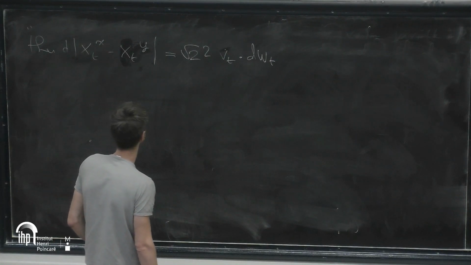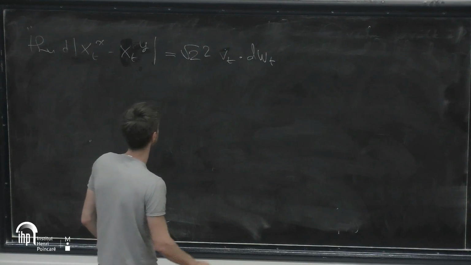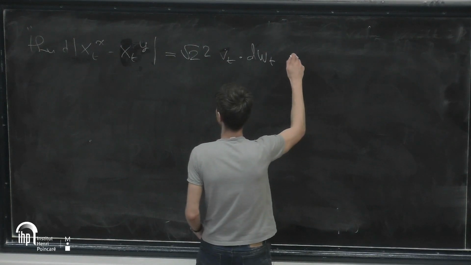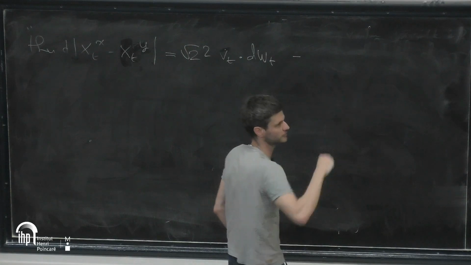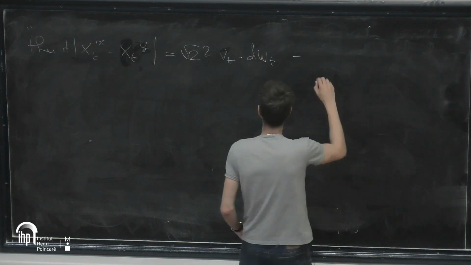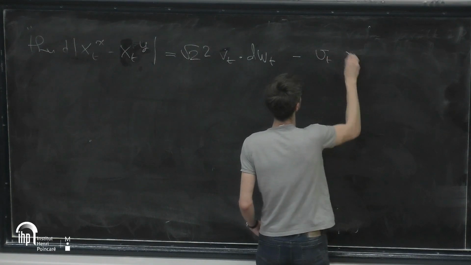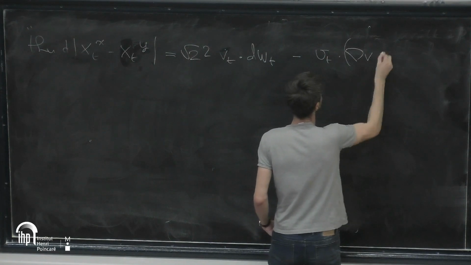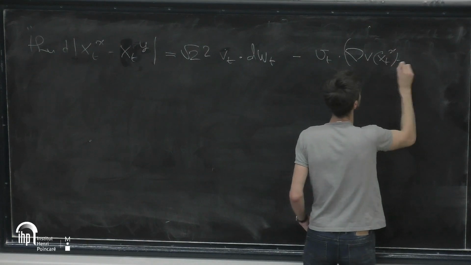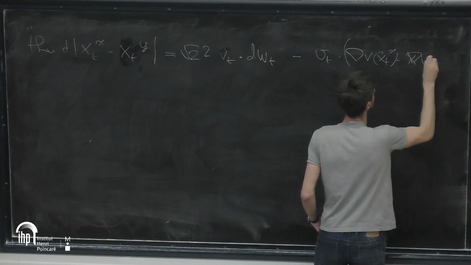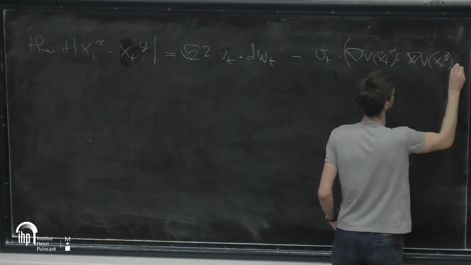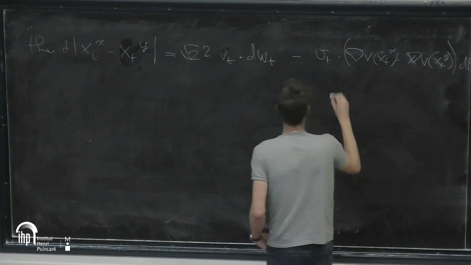And you have the term that comes from the gradient. The gradient will give you minus vt times (grad V at Xt^x minus grad V at Xt^y) times vt.